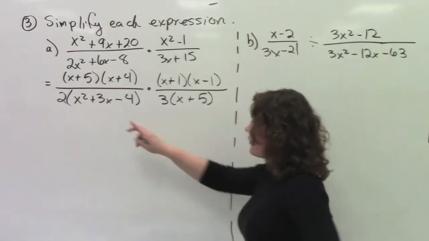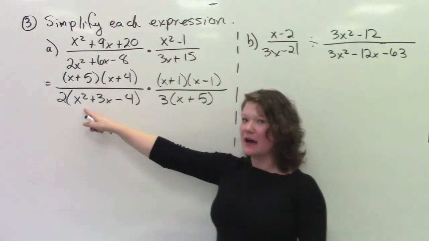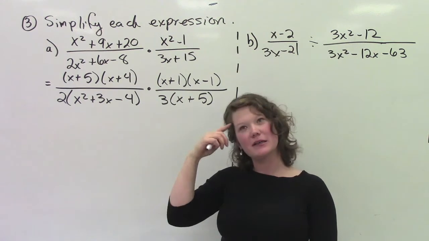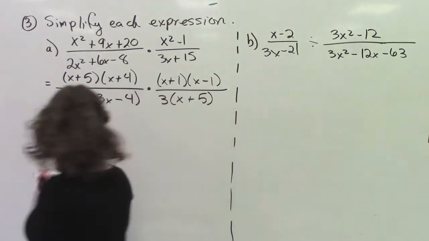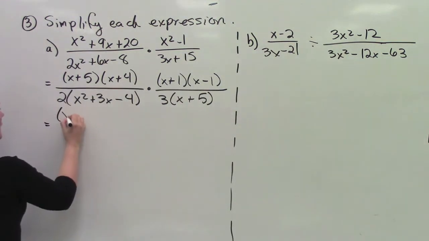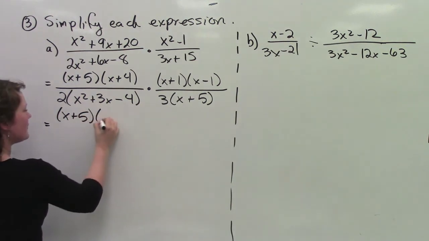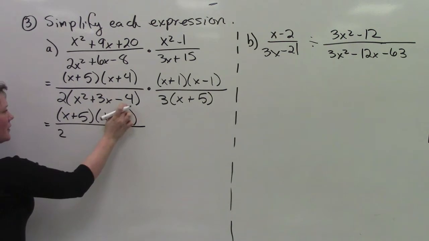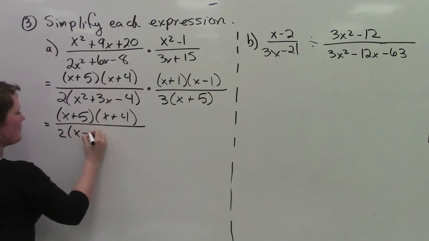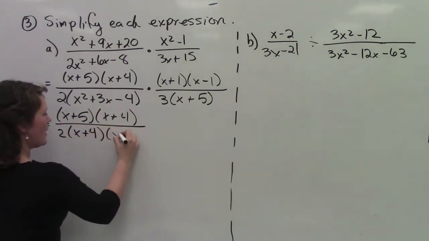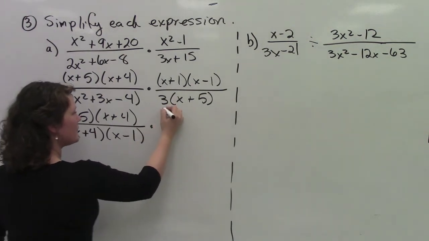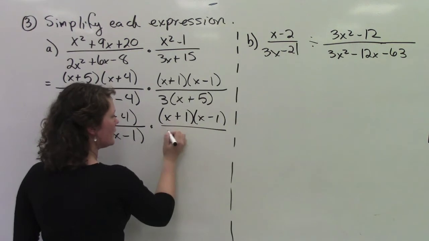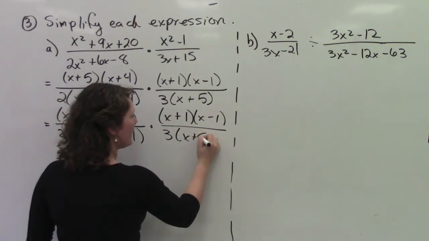Woo! First though, I need to simplify that a little bit better, and then I need to do my, what is it? Oh, non-permissible values, that's right. x plus 5, x plus 4 over 2. This is going to be x plus 4, x minus 1 times x plus 1, x minus 1, 3x plus 5.